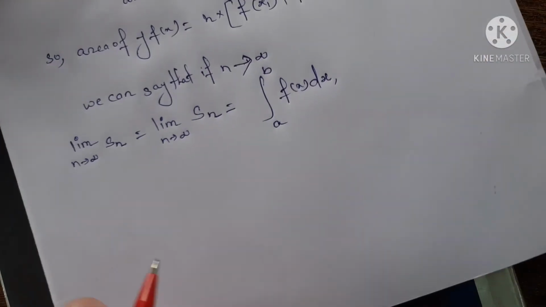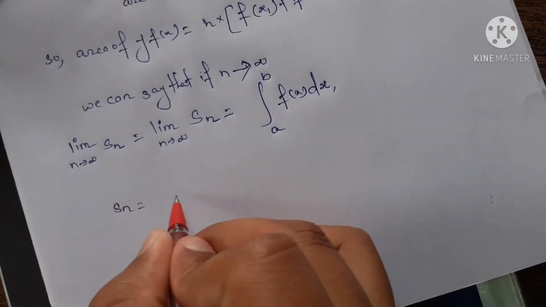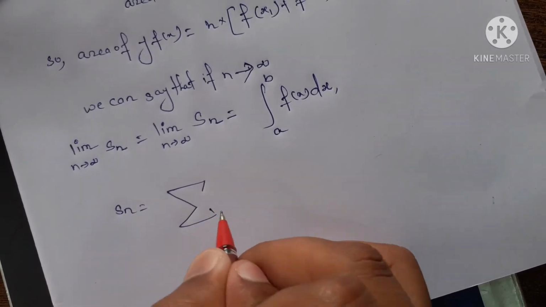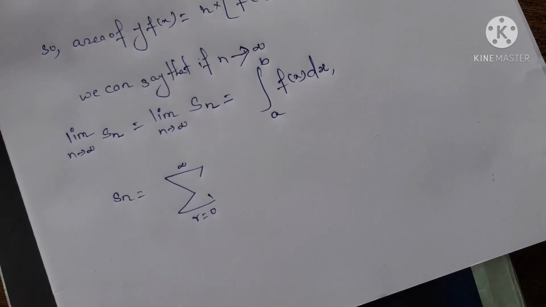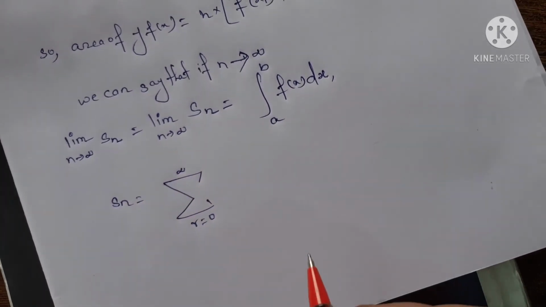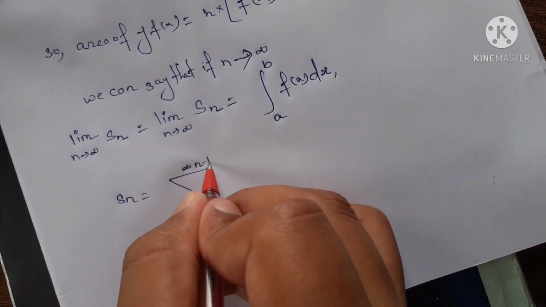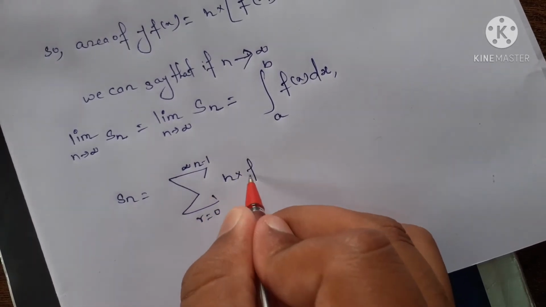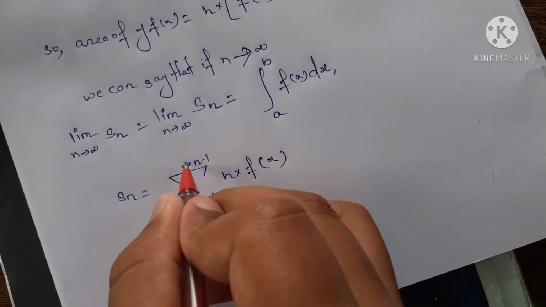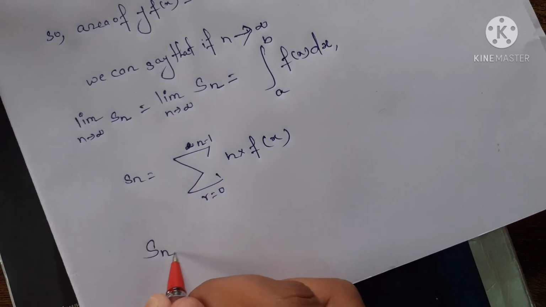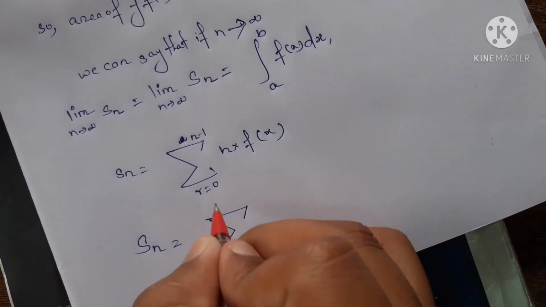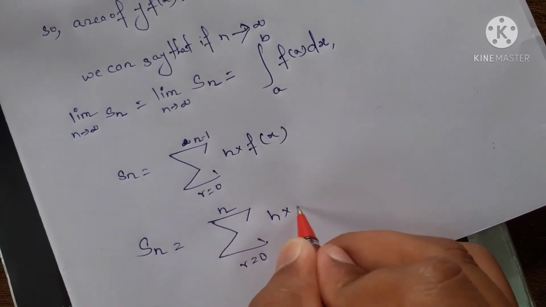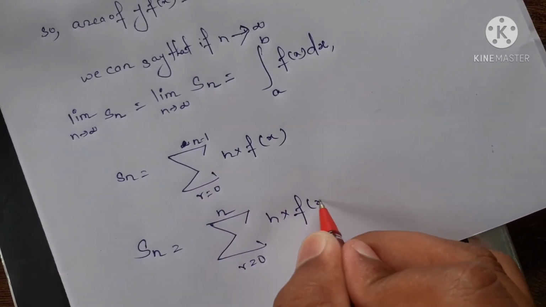We can write small fn as the sum from r equal to 0 to n minus 1 of h into f of x. And for capital Fn, the sum from r equal to 1 to n of h into f of x.